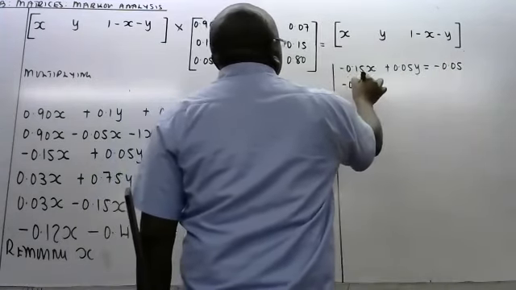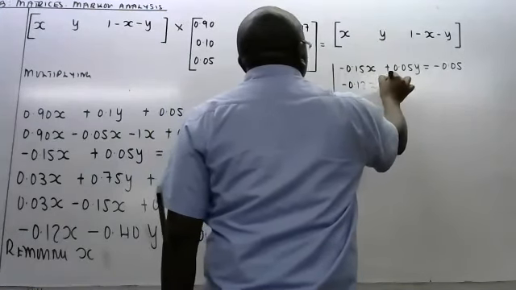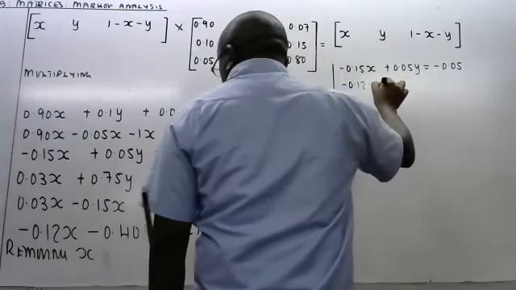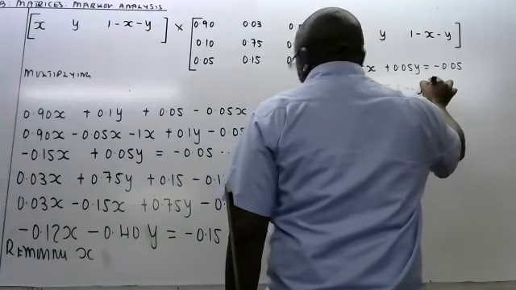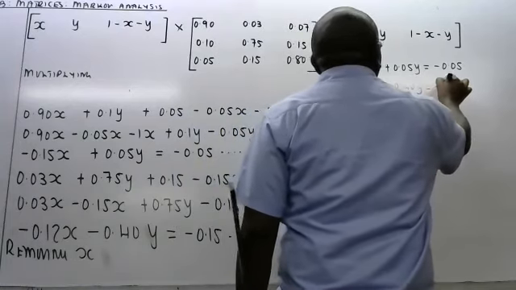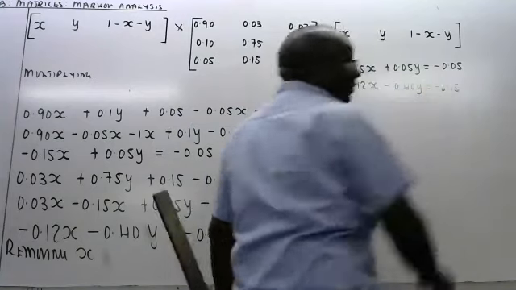Then minus 0.12x minus 0.40y is equal to minus 0.15.